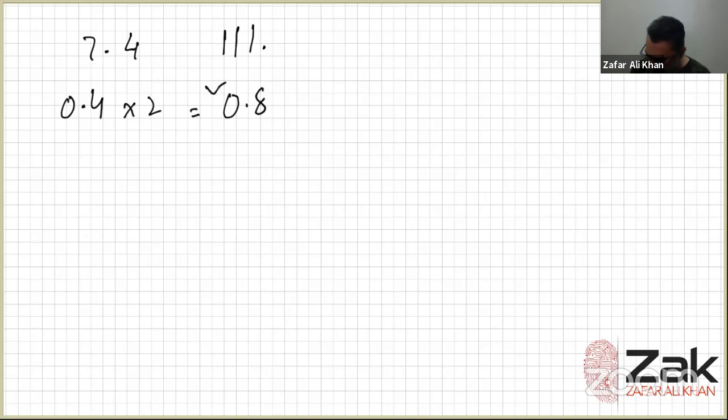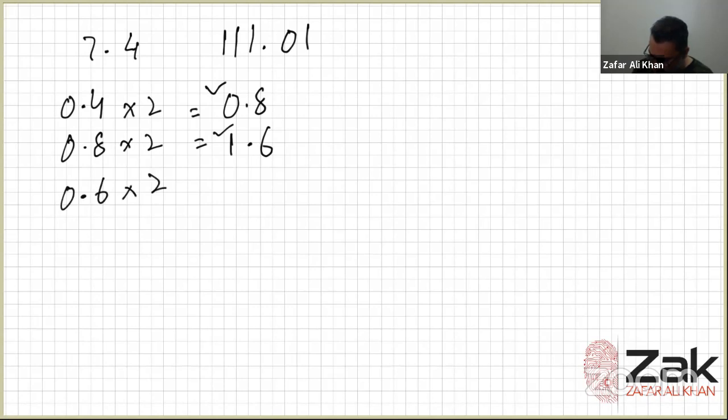So we take this 0 and put it over here, and then 0.8 multiplied by 2. This will make it 1.6. We take this 1 and put it over here, and then again we take 0.6 and multiply it by 2. This will make it 1.2, and then we take another 1 over here.